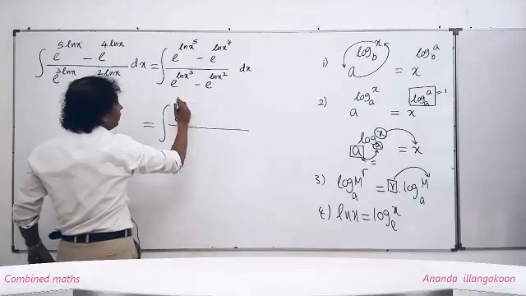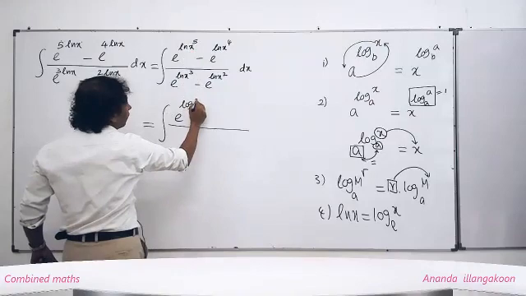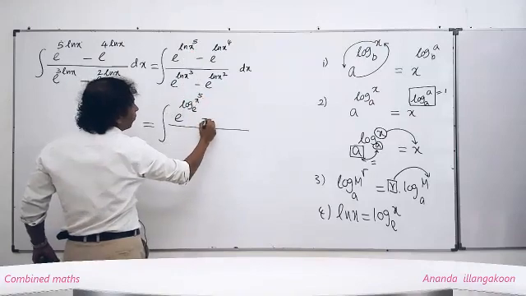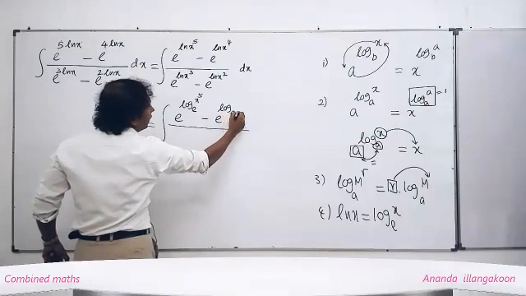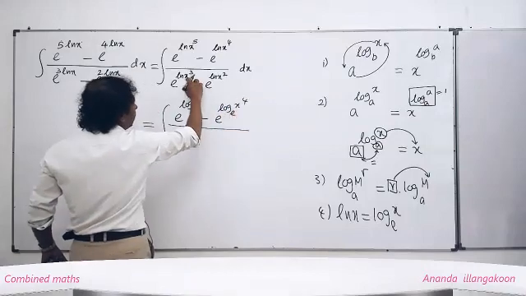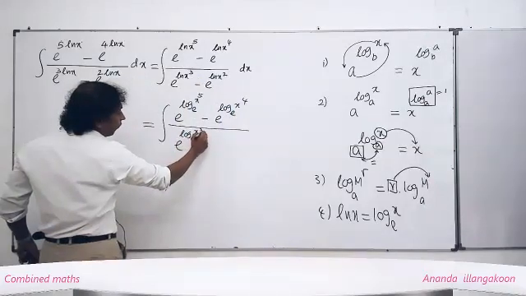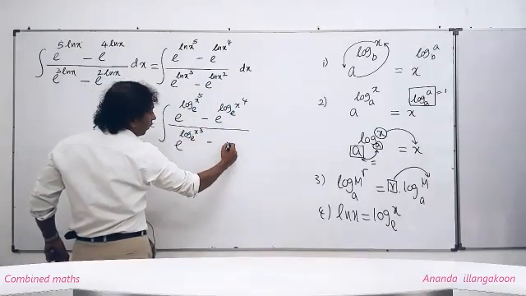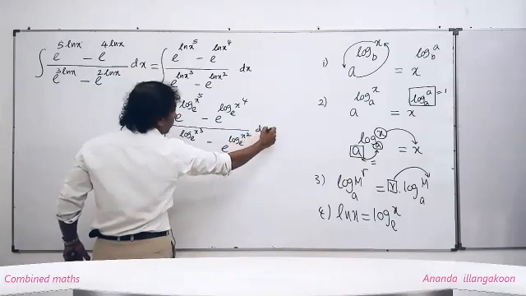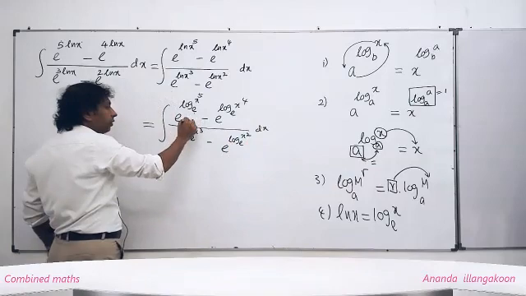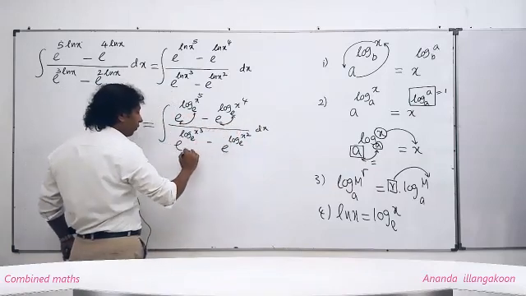This ln means log e of x to the power 5, minus e to the power log e of x to the power 4. Here e to the power log e of x to the power 3, minus e to the power log e of x squared, dx. Here this base and this base being equal. Look at this, this and this being equal.